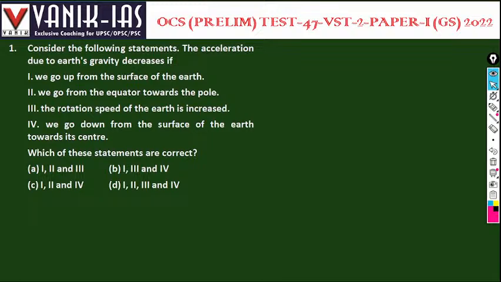If we go from the equator towards the pole, the rotational speed of the Earth is increased. We go down from the surface of the Earth towards its center. Which statements are correct?